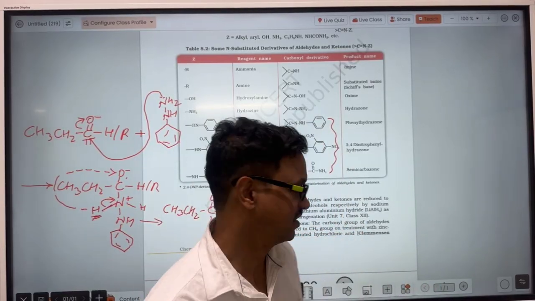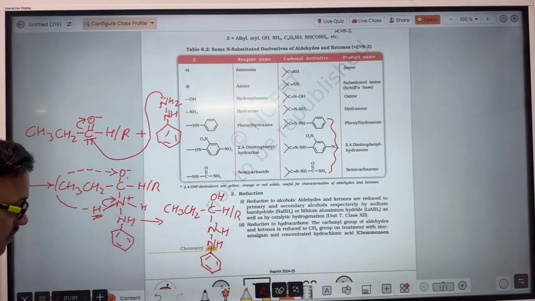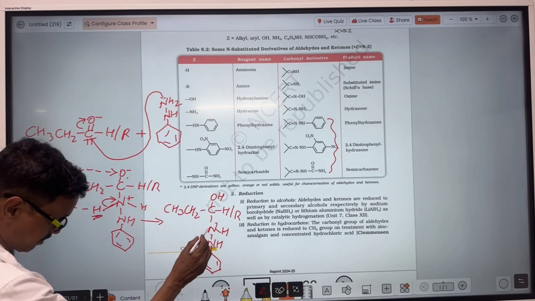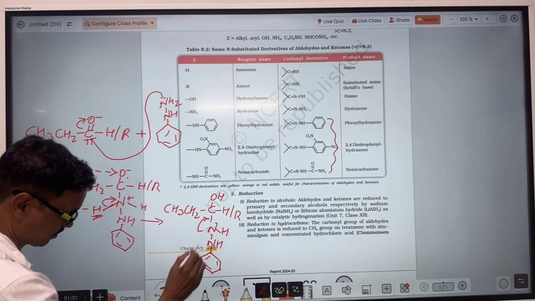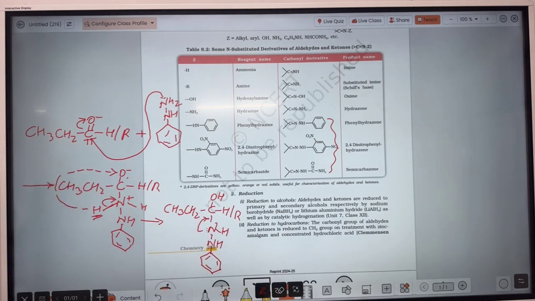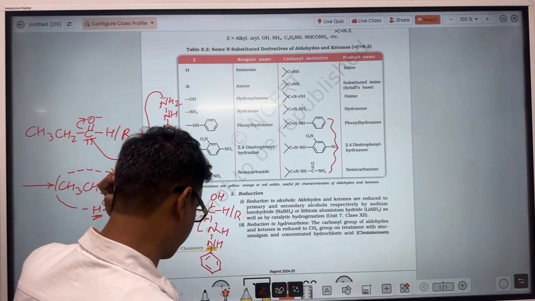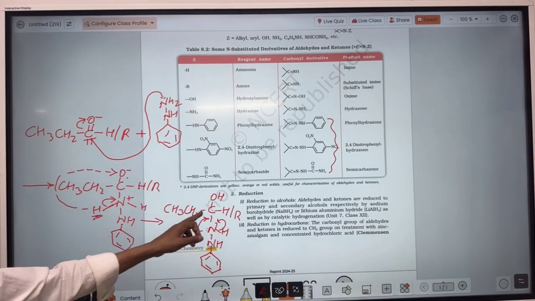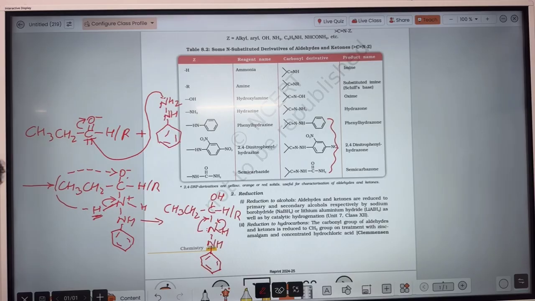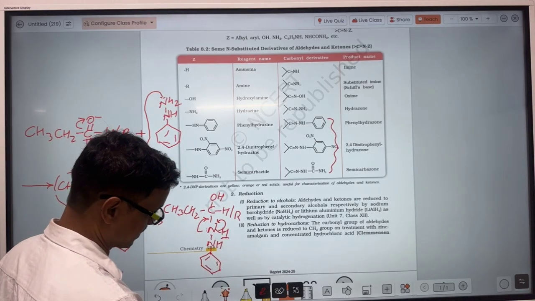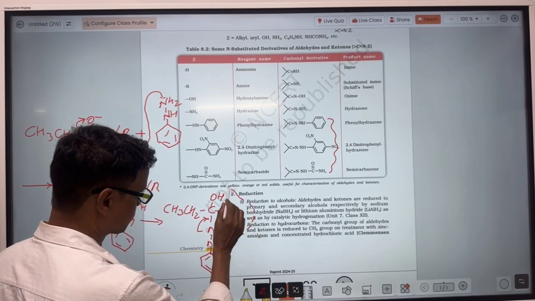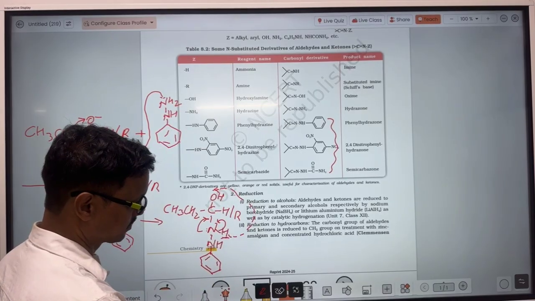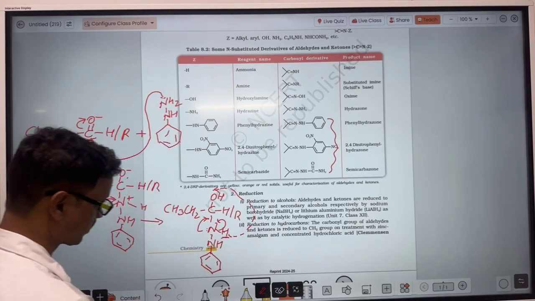The lone pair of electrons present at the nitrogen will come here for the double bond formation. What will happen at that time? The hydrogen here has a sigma electron at this nitrogen, so it will attract the pi electron this side. That means from this side the lone pair of electrons goes and here the NH sigma electron comes. This H plus ion released will combine with this OH and will form H2O.